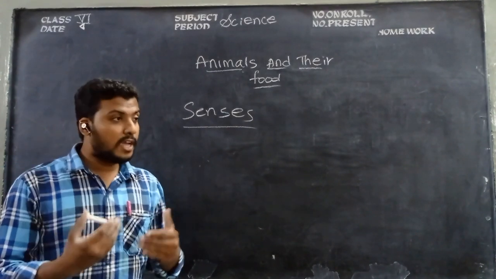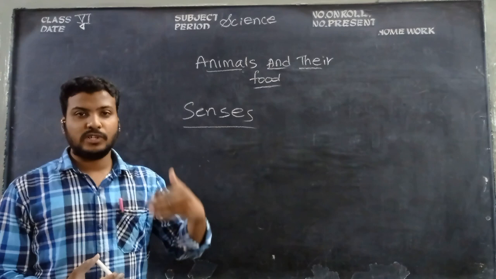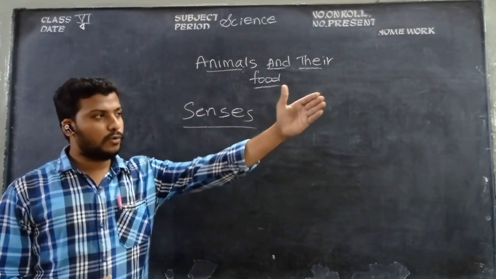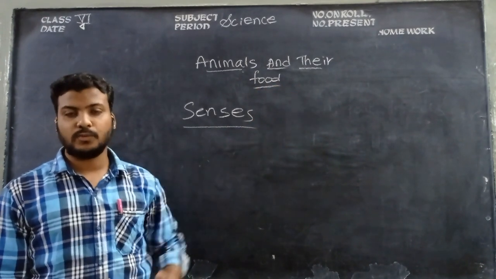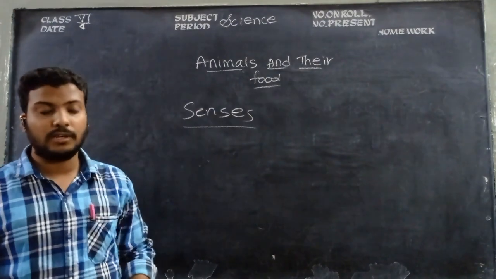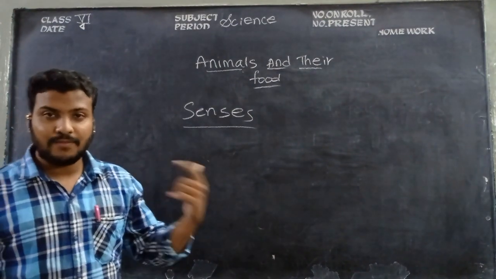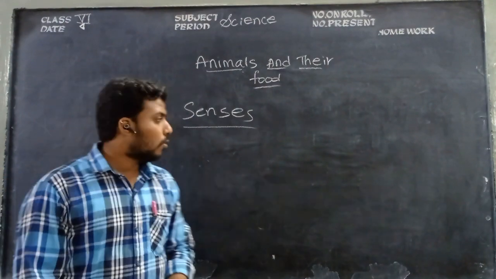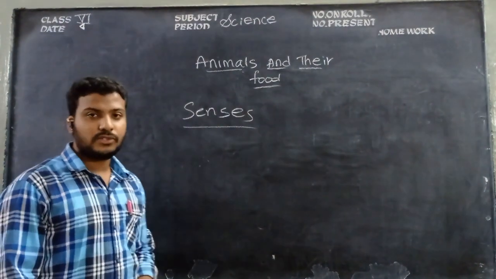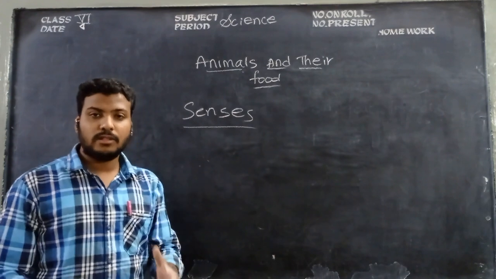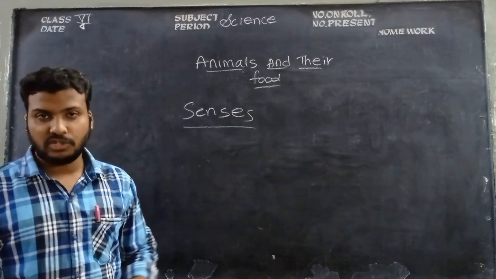We cannot see animals beyond a certain distance, but they can see long distances and hear voices. They can sniff smells too. By using these senses, they identify and track animals.